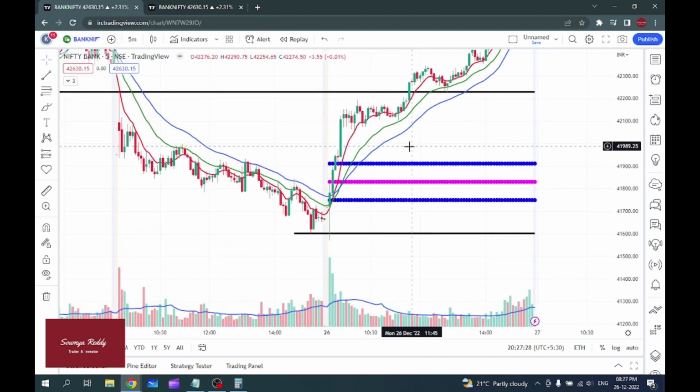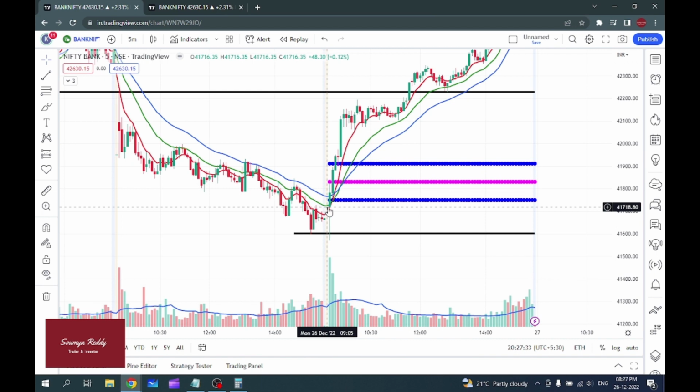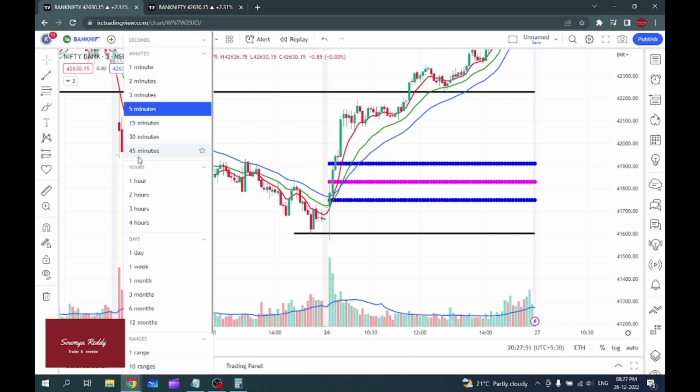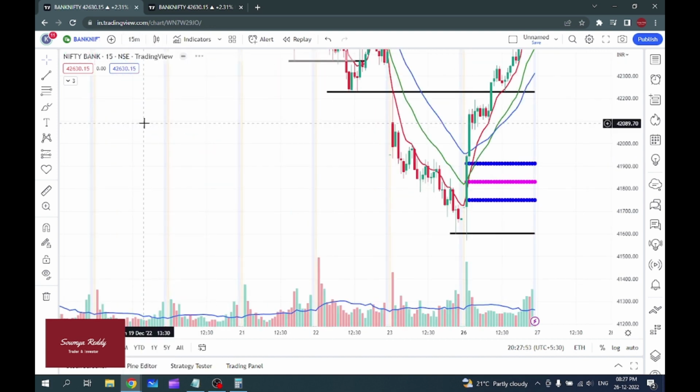When the market opened today, it opened almost flat, since the market was falling for the last 3 days. Most people would have got trapped by entering early. But I always wait for the first 15 minutes and take the 15 minutes breakout trade.